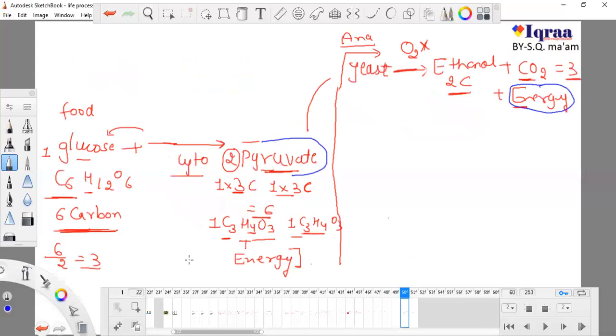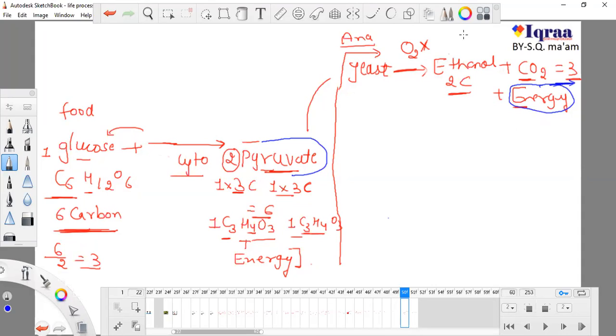No organism does this type of respiration to get ethanol or carbon dioxide or pyruvate. These are just some products formed in this process. The main reason each and every organism does respiration is to get energy. This energy is the most essential thing, because everyone wants energy, that's why everyone goes for the process of respiration.